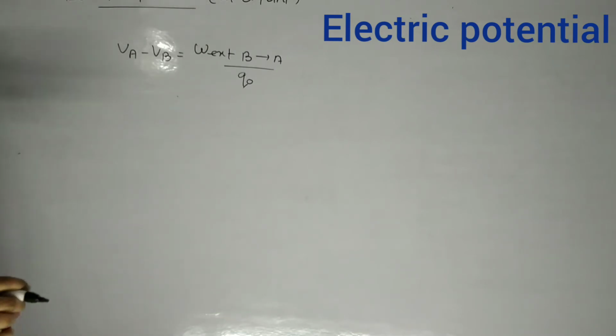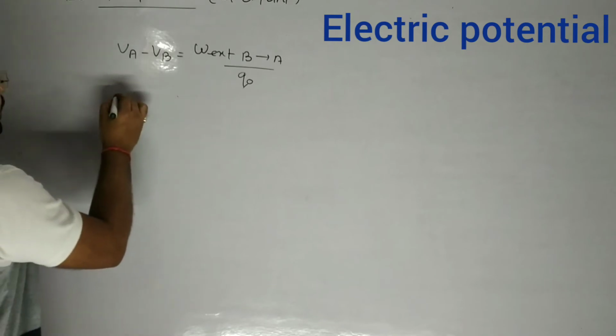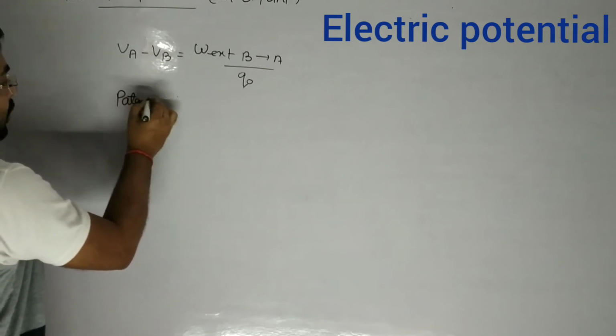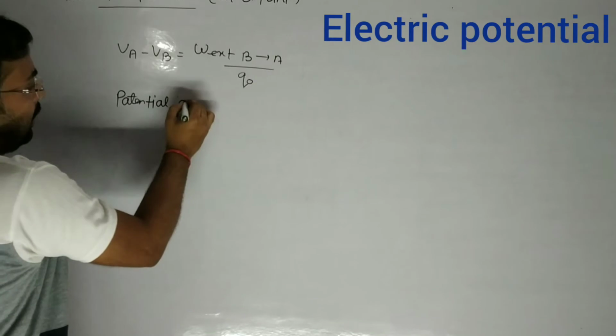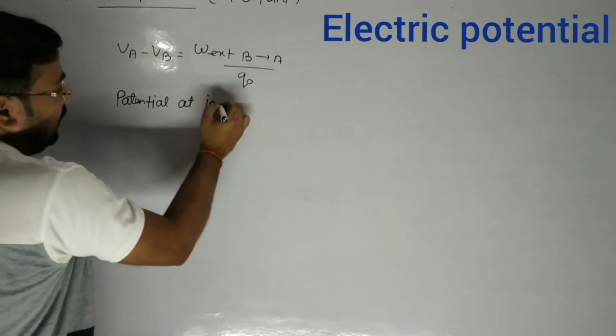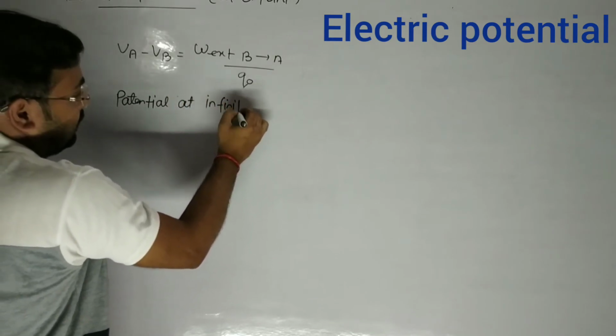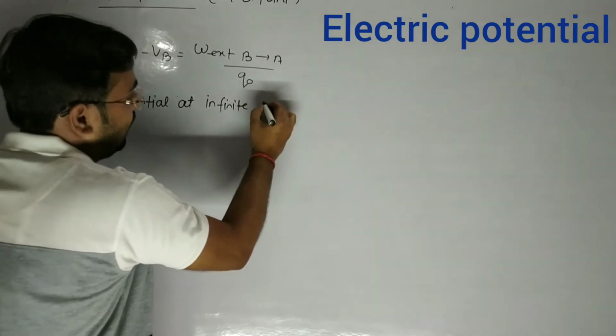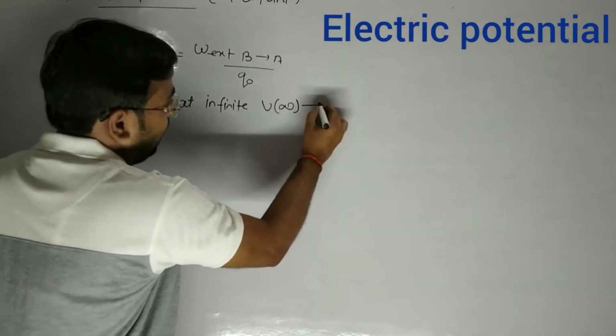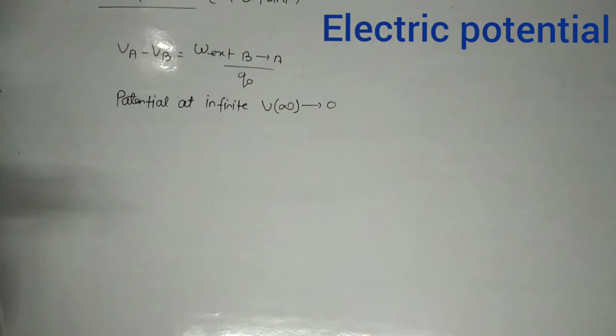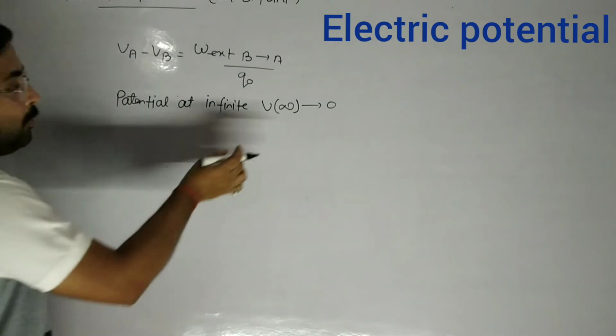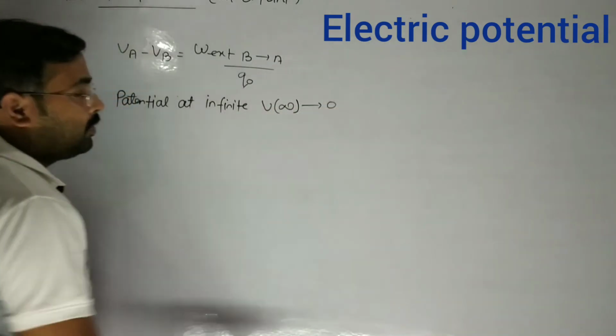According to scientists, the potential at infinity is zero. According to scientists, potential at infinity is zero.